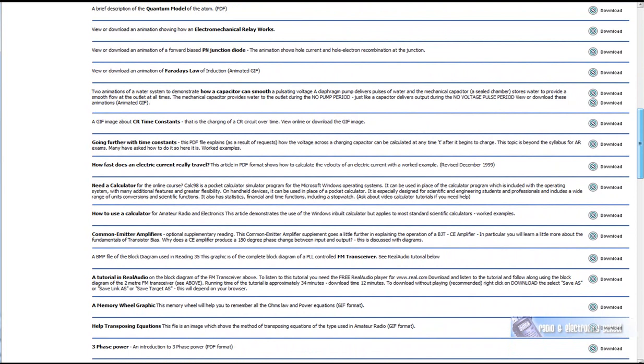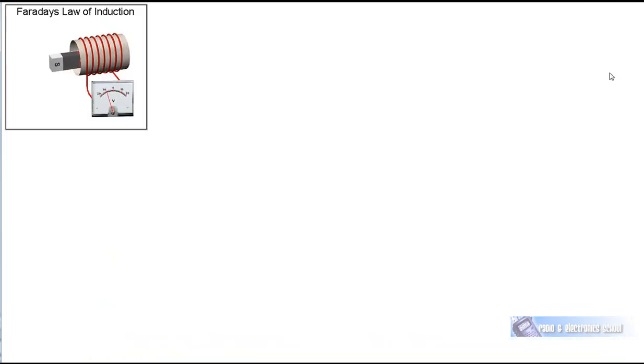Dear, oh dear. Here we are. Faraday's law. View or download an animation of Faraday's law of induction, animated GIF. Let's click on that. Now I hope you can see that. I realise it'll be over to one side of the screen, but you can look at this yourself by going to supplementary on the Radio and Electronics School website.